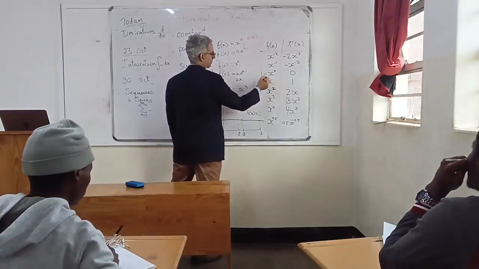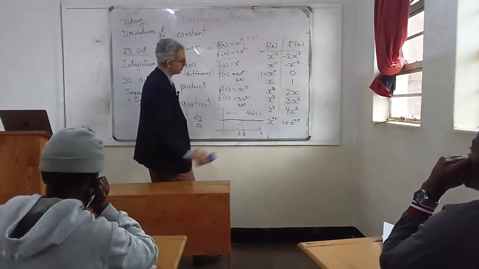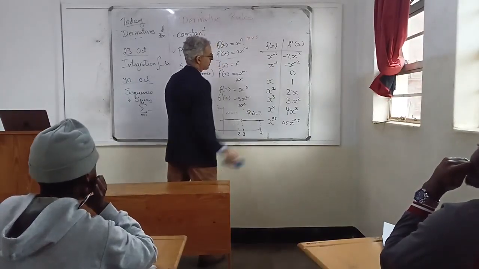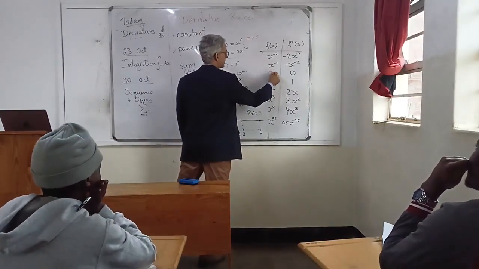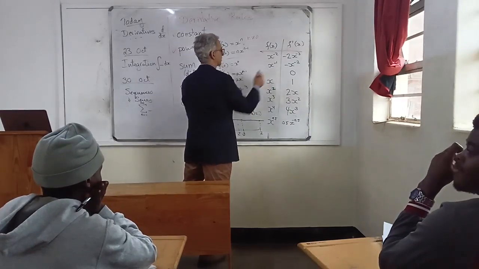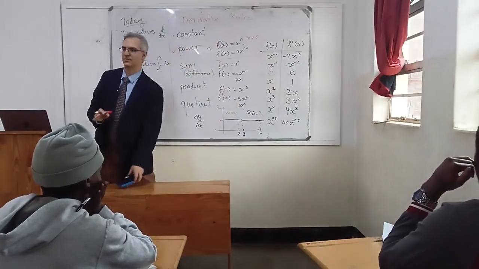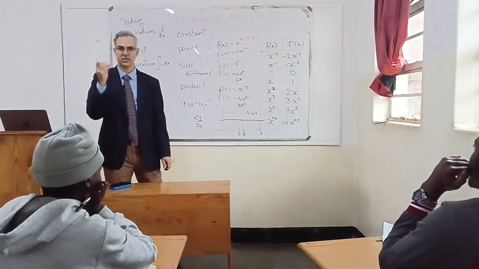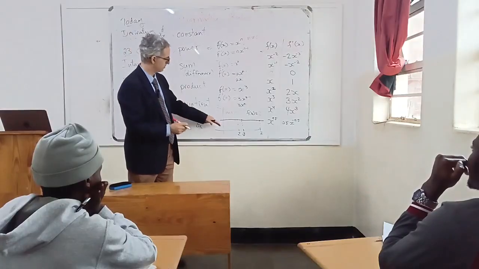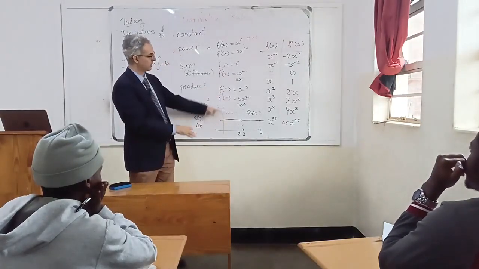And this is true for x to the power 0, but even more, it's true for any constant. Let's use c for a constant. For any constant c, for any number, when there's no x, just a number, whatever the number is just says how high the horizontal line is at some height.